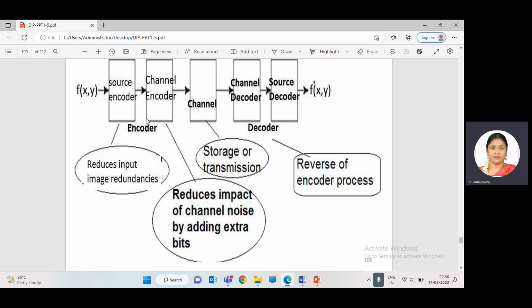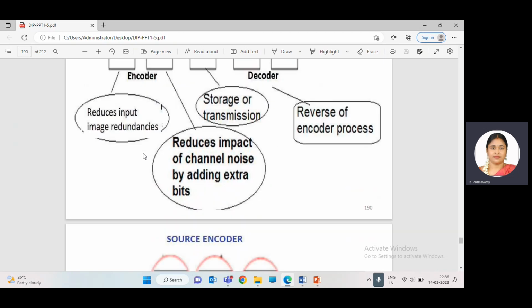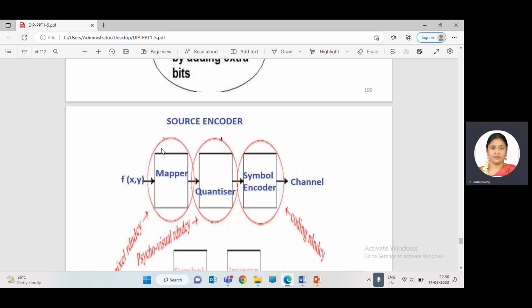Each operation is designed to reduce one of the three redundancies. In the first stage, the source encoder usually has a mapper, a quantizer, and then a symbol encoder. We give f of x comma y, our input image. The mapper transforms the input data into a non-visual format, which is used to reduce the interpixel redundancy in the input image.